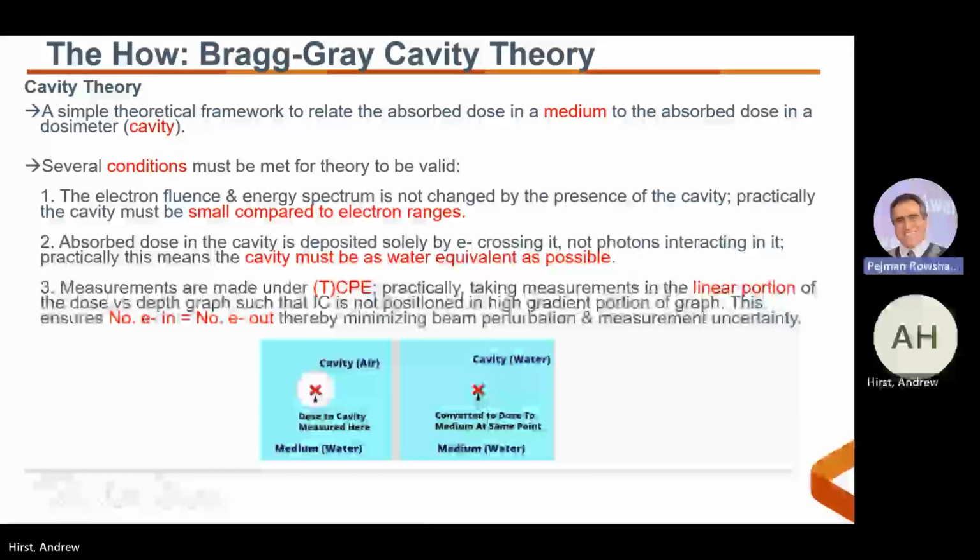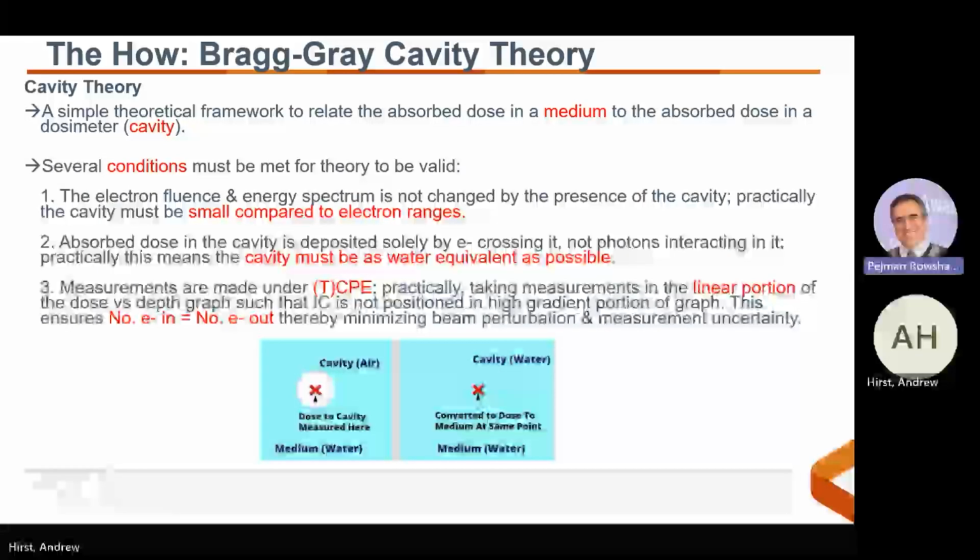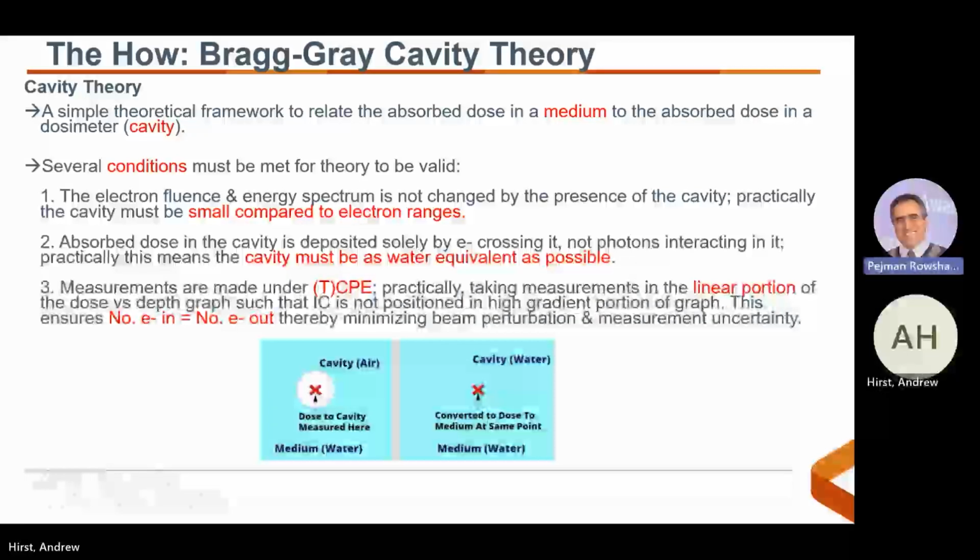So because your ionization chamber has to have sufficient sensitivity, it has to have a relatively large volume. So you're going to run into volume averaging effects where you're not going to be able to resolve the dose at a good enough level in that high gradient region. So yeah, you want to conduct your measurements after Dmax, ideally, or at Dmax.